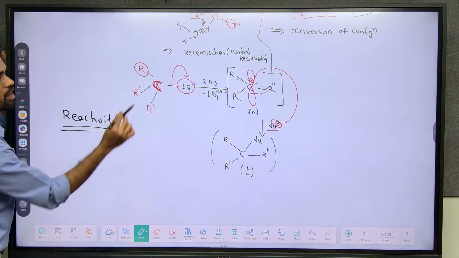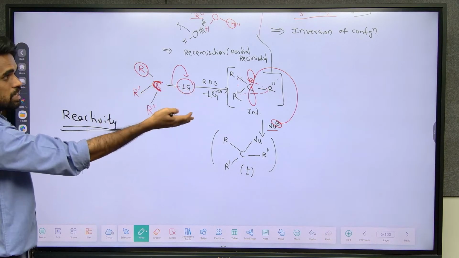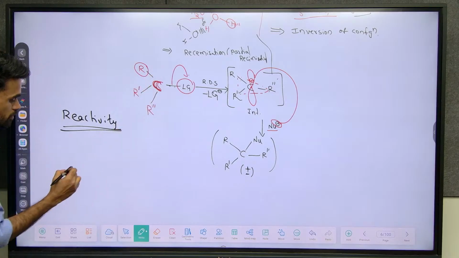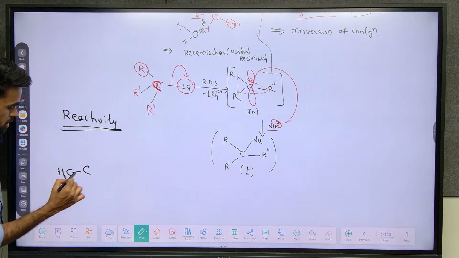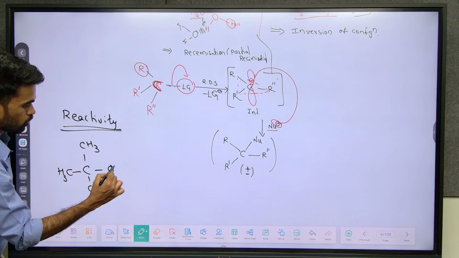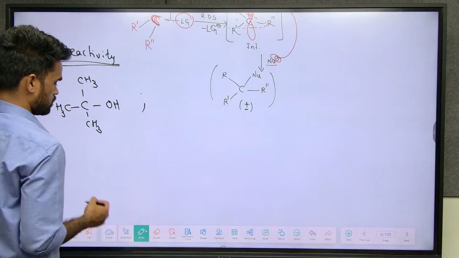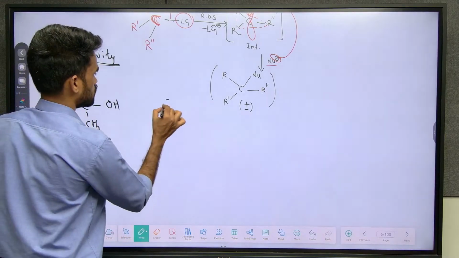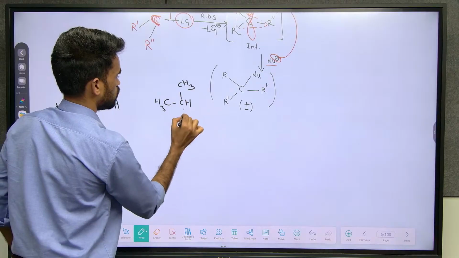See, both alcohols and haloalkanes combined, we are completing here itself because the mechanism is the same there also. See, for example, I am giving you an alcohol, CH3, CH3, CH3, OH, and CH3, CH, CH3, OH.